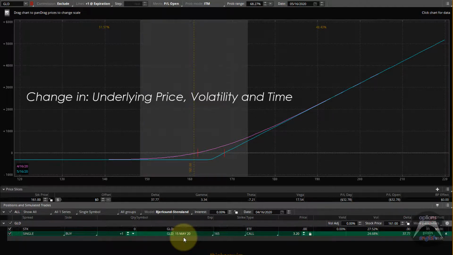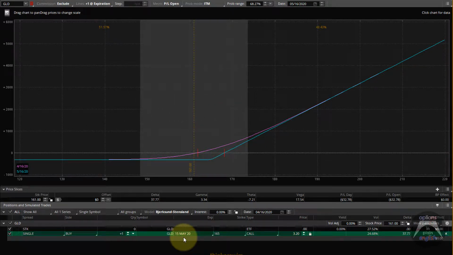So basically, I'm going to see what will happen if the price of gold goes up by $10, and then next day, so 1 day passes, and the IV goes higher by 10 percentage points. And we're going to do the approximation.